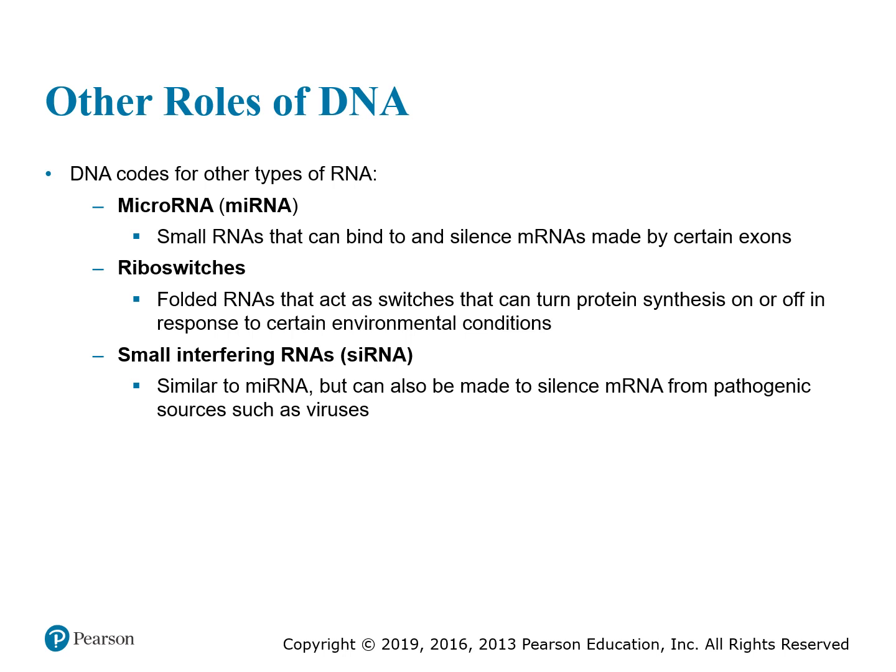Riboswitches, these can control protein synthesis on or off depending on environmental conditions. Small interfering RNAs are similar to microRNAs, but they are used sort of as a rudimentary immune system to deactivate viral genes. And we've done some pretty interesting stuff with small interfering RNAs.